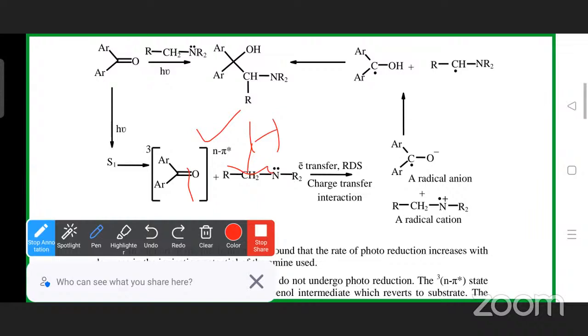Yes, proton transfer, the hydrogen abstraction reaction takes place on this. And it is going to form an OH, and the entire base is going to combine with this.